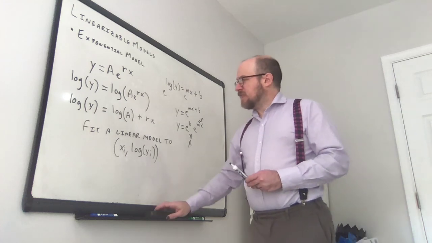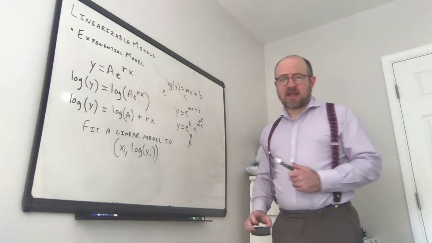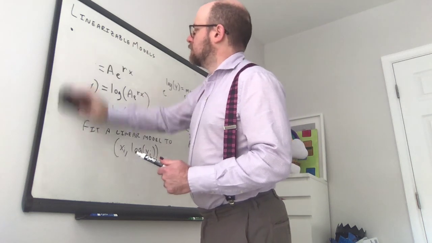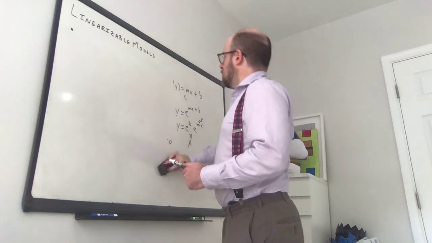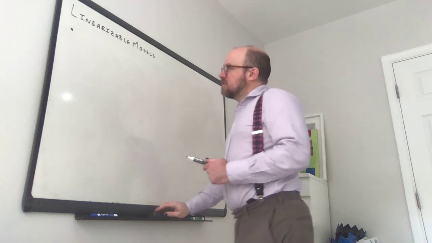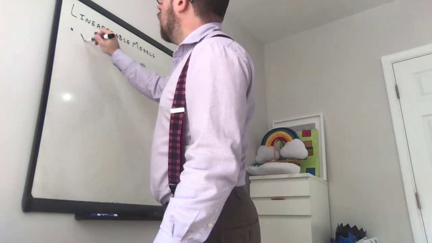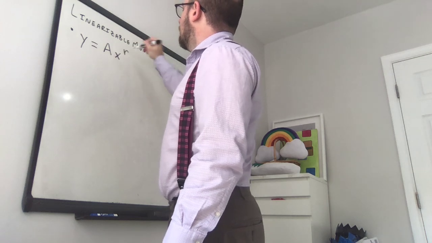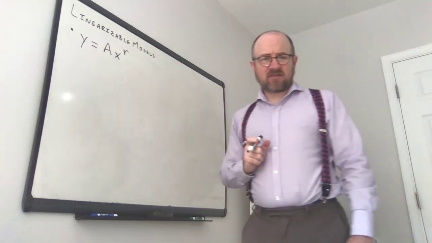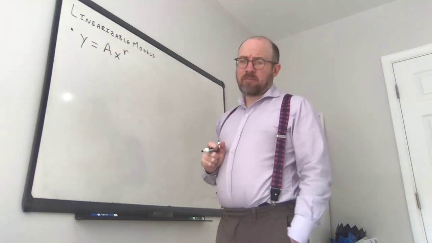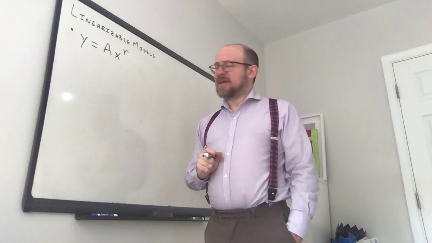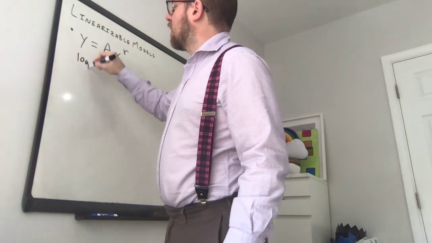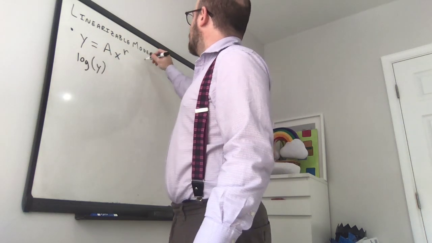Okay? The next one I want to talk about, kind of the next natural model, is what's called the power model. So this is where you have something like y equals a x to the r, where you've got x raised to a power, but you're not sure what that power is. Same idea here. We're going to take the log of each side.